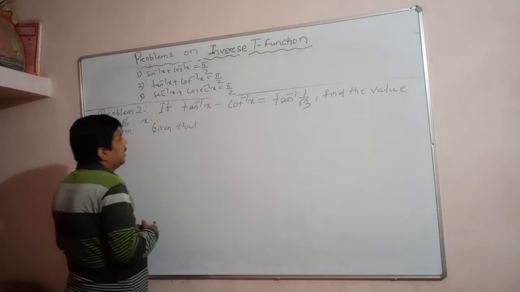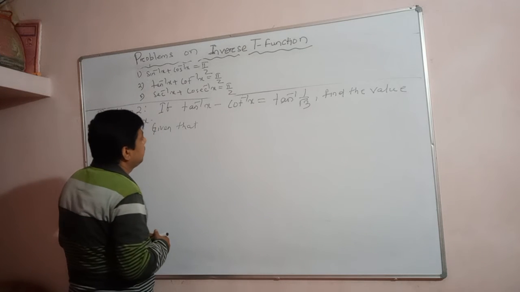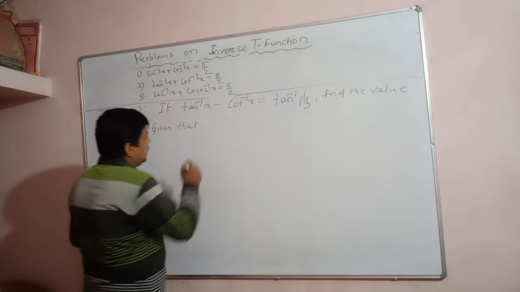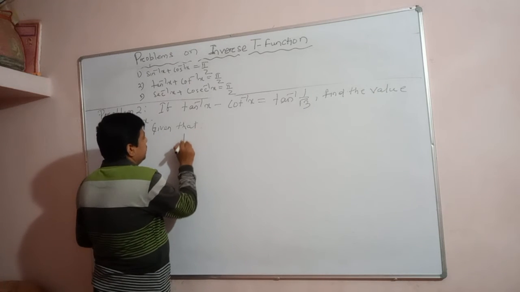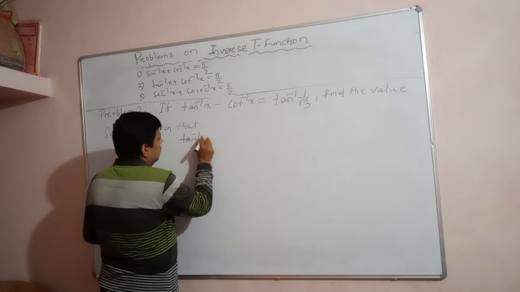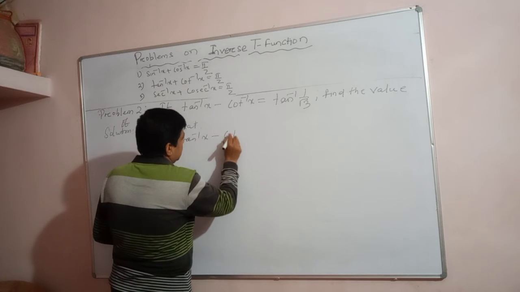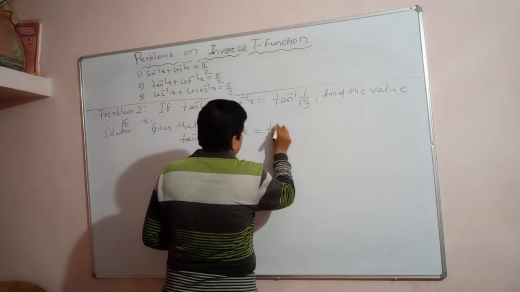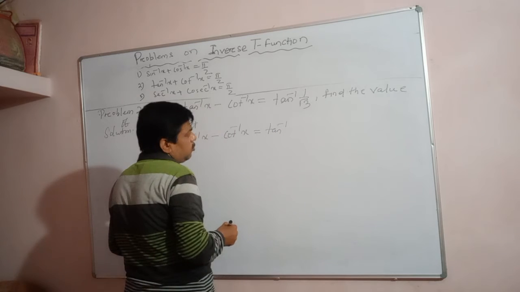Okay. So given that tan inverse of x minus cot inverse of x is equal to tan inverse of 1 by root 3.